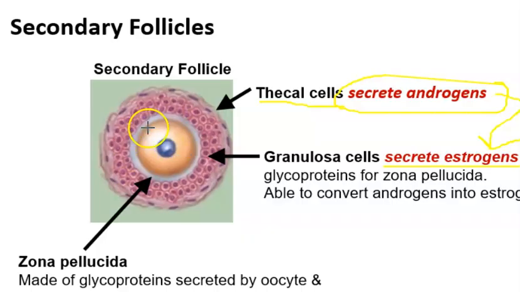In addition, the zona pellucida contains these glycoproteins that were made by granulosa cells. So the zona pellucida has this fluid with glycoproteins. And those glycoproteins have certain names, ZP1, ZP2, and so on. They facilitate sperm binding.